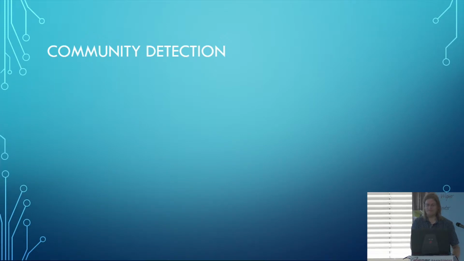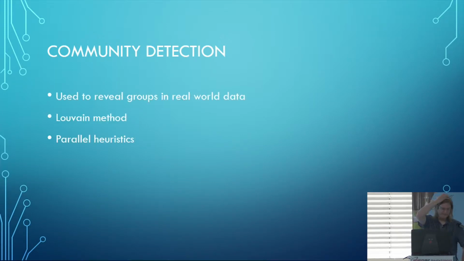So what about the community detection? We are using the Louvain algorithm that is supposed to be able to tell us what kind of communities we have in our graph. We can use it for real networks, so that means that if you download some data from, I don't know, maybe YouTube, you get the user data, then you will be able to tell which users are checking each other's videos, for example.